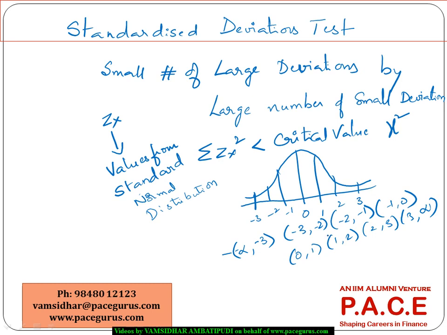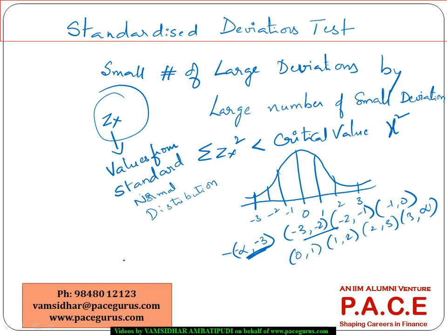Let's say I have split this entire interval like this, and look at the actual z's that we have computed here by comparing the actual with the graduated. Try to find out how many z's are there in each category, and you also know how many z's should be there if they are coming from a standard normal distribution.